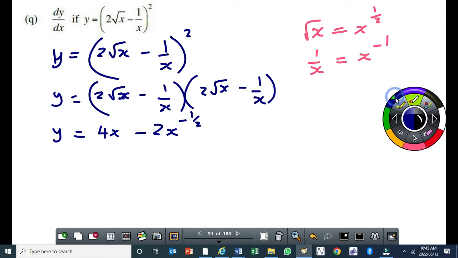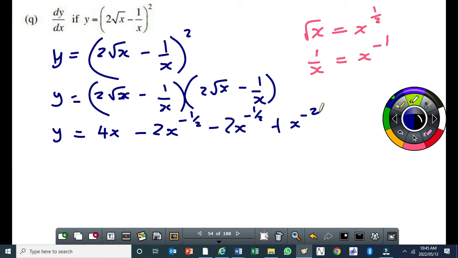Then we multiply minus 1 over x times 2 root of x, and you get minus 2x to the power of minus a half. Then 1 over x times 1 over x gives you 1 over x squared, which is the same as x to the power of minus 2.